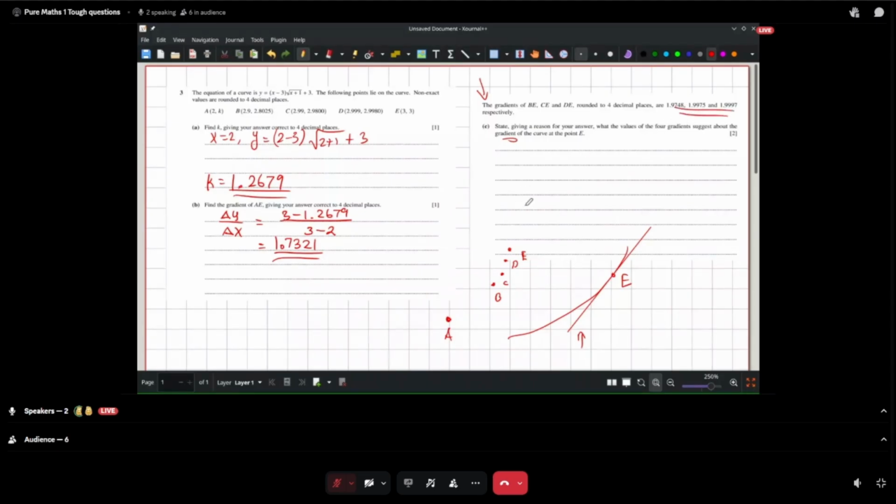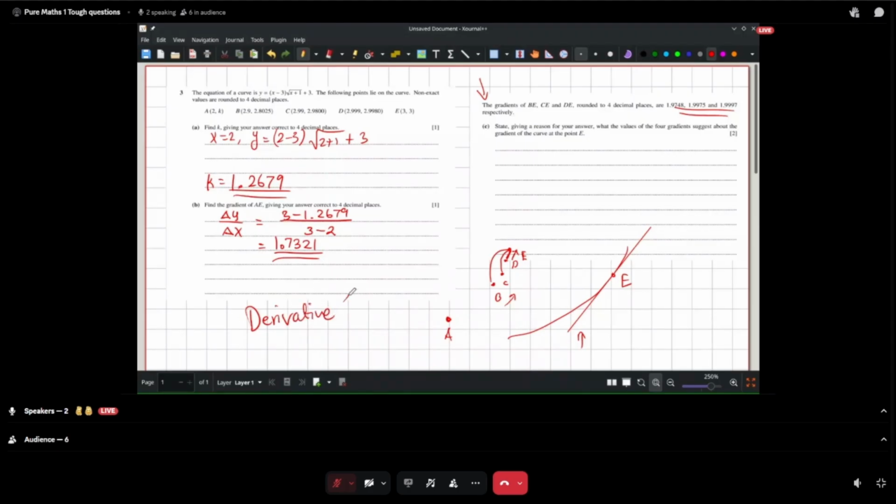So the concept of the derivative is that the derivative of the curve is what you get when you take the gradient between 2 points on the curve and then let the 2 points get closer and closer to each other. So we have BE here, and now we move our measurement to point C because C is closer, and then we do our measurement again from a closer point, point D. And if we just keep getting closer to E like this, then we get the gradient of the curve at the point E.